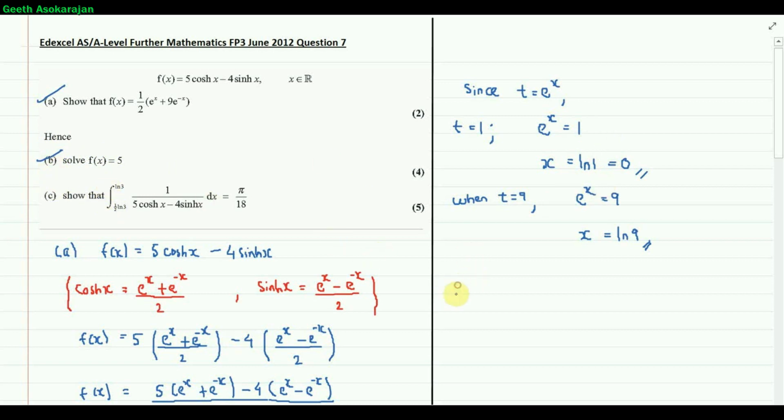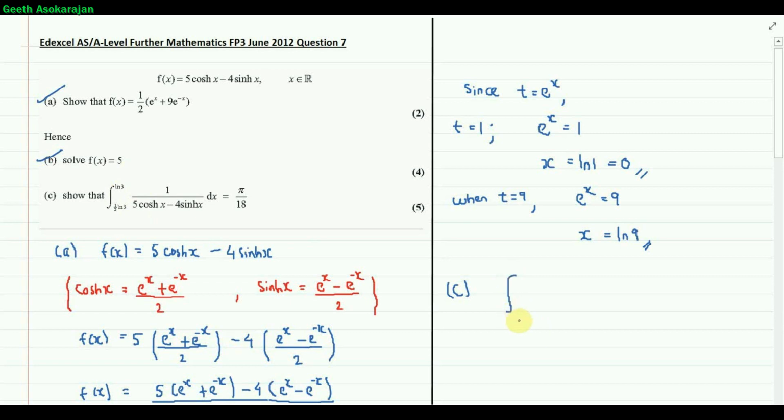Let's have a look at part C. Show that the integral between half ln 3 and ln 3 of 1 over 5 hyperbolic cos x minus 4 hyperbolic sin x with respect to x gives us an answer of pi over 18. So let me copy the left hand integral.